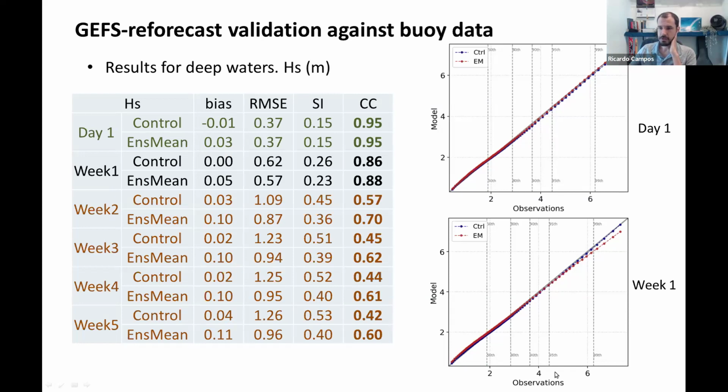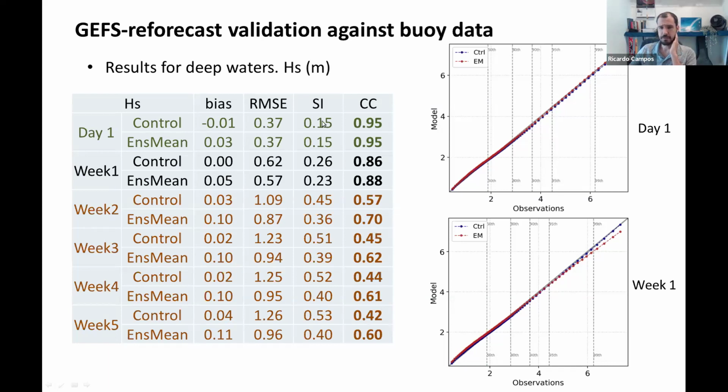And week 1 is still holding a very, very good correlation coefficient and results. The QQ plot is confirming a correlation coefficient above 0.8. And the degradation of the model occurs mostly around the end of week 1 and week 2. We will see that in more detail, and then week 2 to week 5.